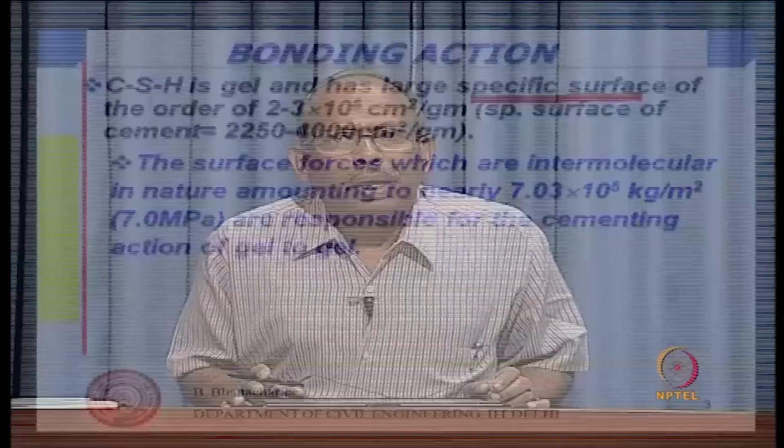Just as an example, one can think of large size particles like stones, they are not bonded. Stones you can separate out very easily. Sand, well, you can separate out quite easily. Come to clay, the surface area is very large, because particles are small.